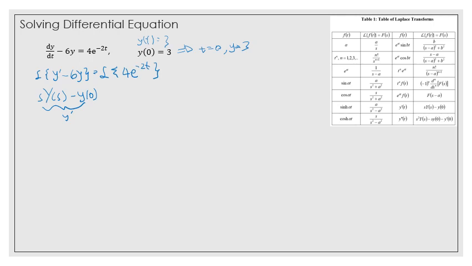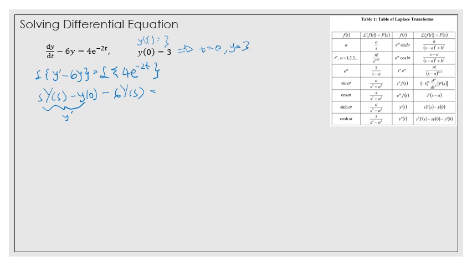Small y indicates that it must be in t term. Right, so I just continue. We have minus 6y. The Laplace of this is equal to minus 6 times the Laplace of y, which is Y(s). I didn't write down the Laplace term anymore, because we have already found the Laplace transform.